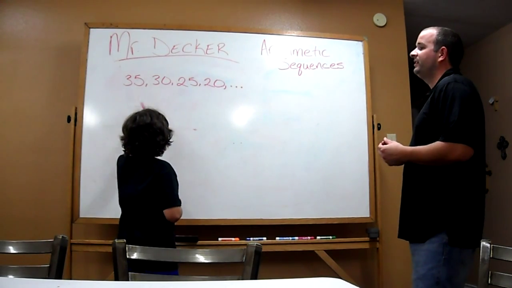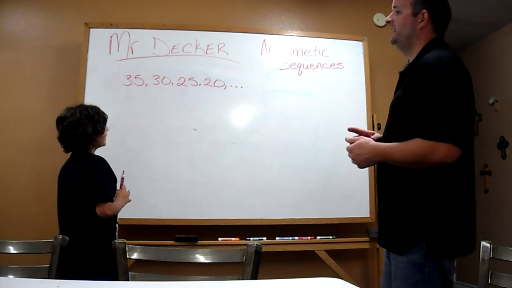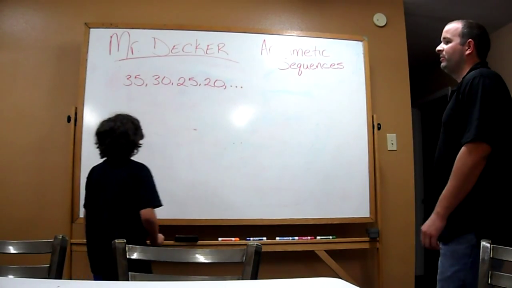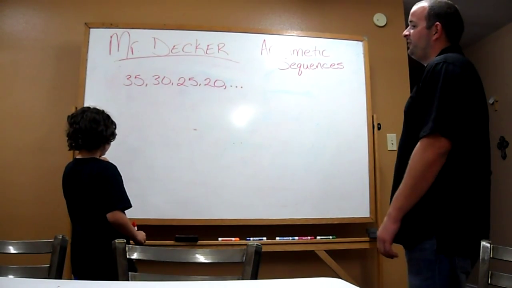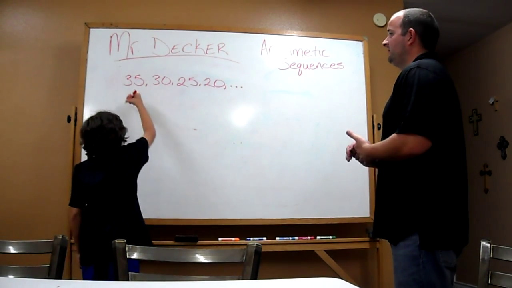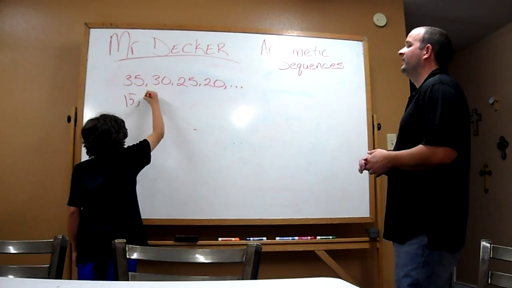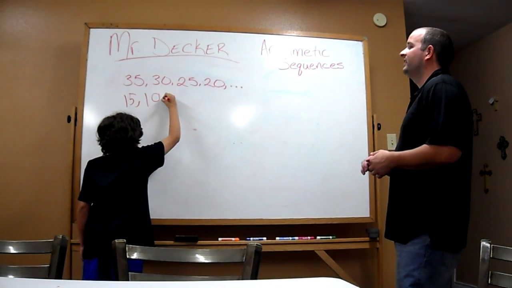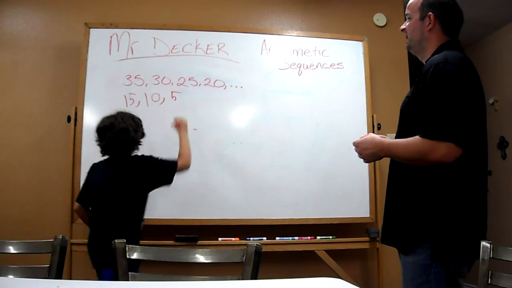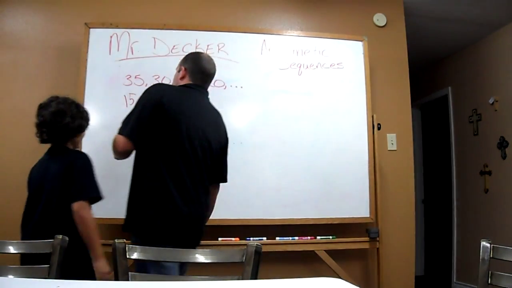Start with 35. Now go smaller. Smaller, so we're minusing numbers, right? How many are we minusing? 5. Alright, so what are my next 3 terms after 20? 15. Write them down. Alright, what do you have to end it with again? Good job. An ellipsis. We're going to do one more, okay?